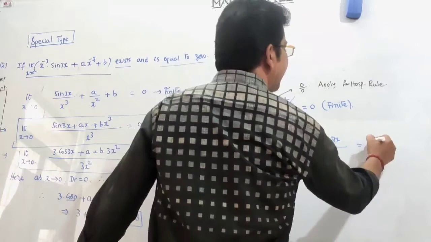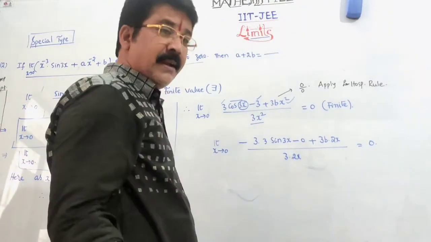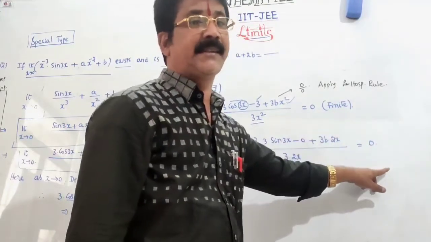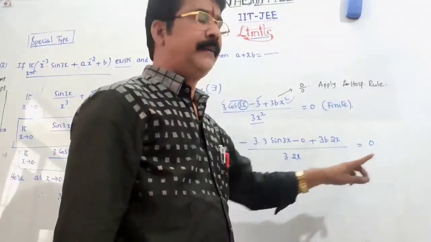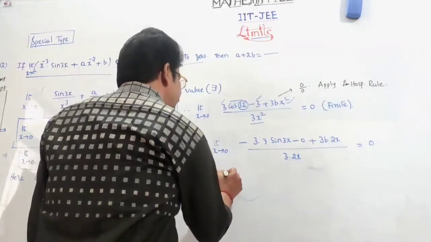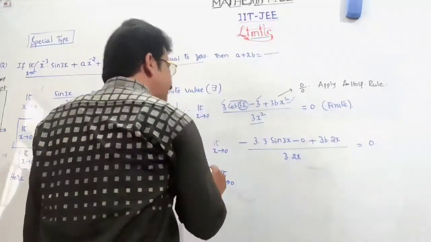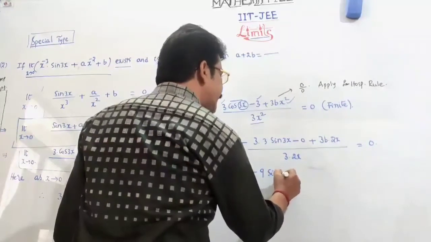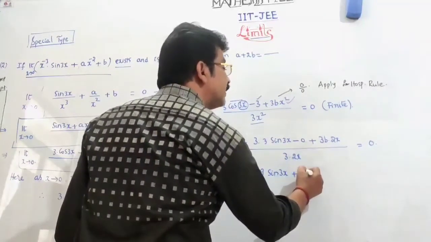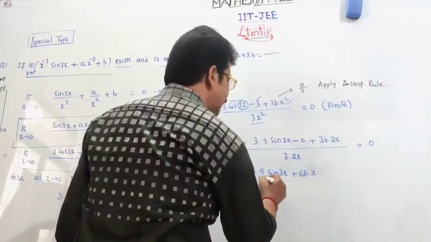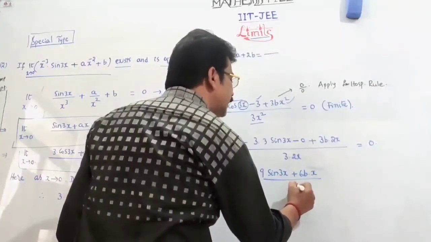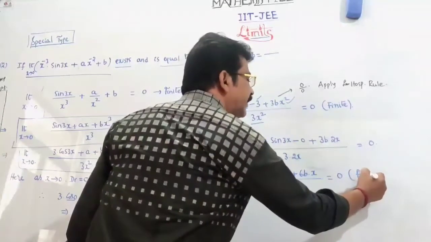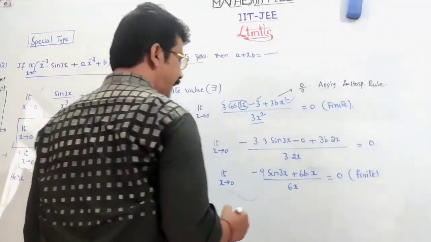Okay, its limiting value is 0. Remember, you should not differentiate the RHS part. Understand? Right. Limit, just simplification. x tends to 0 minus 9 sine 3x plus 6b into x divided by 6x, that is equal to 0. 0 means it is a finite value.